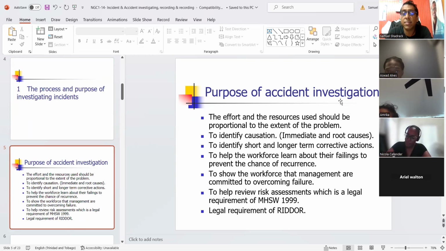The purpose of an accident investigation is to identify the causation, being the immediate and the root causes of the problem, to identify short and long-term corrective actions, to help the workforce learn about their failings to prevent the chance of recurrence, to show the workforce that management are committed to overcoming failure. Look at the heading, the purpose of accident investigation. To help review risk assessment, which is a legal requirement of the Management of Health and Safety at Work Regulations 1999.